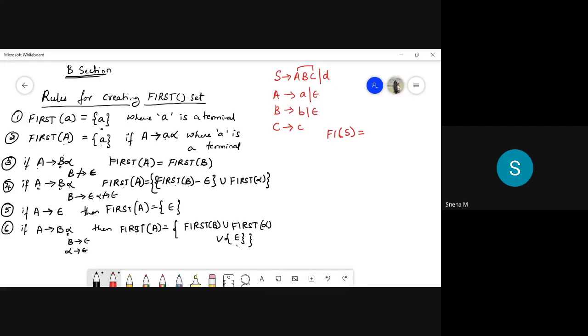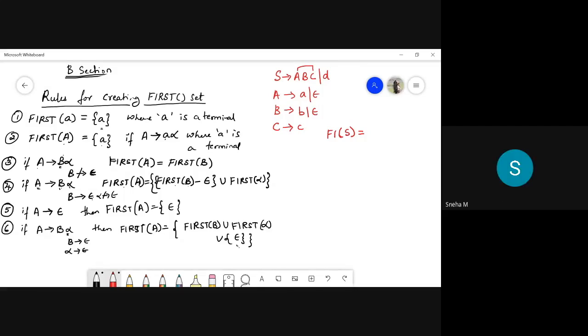I thought I'd make it easy for myself to write the answer. No. It is to see all the terminals I can reach if I start with S by applying leftmost derivation. That is the first set. Yeah, got it.